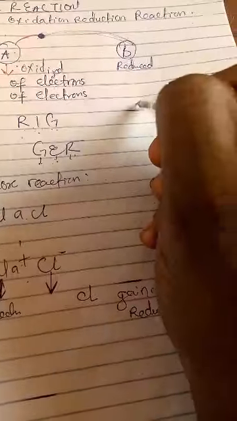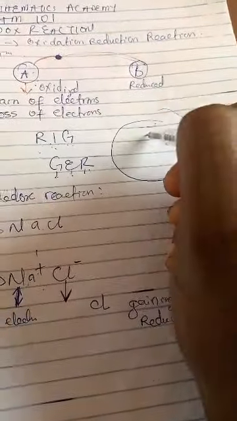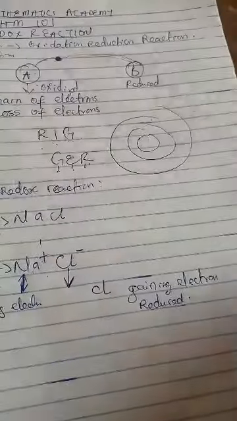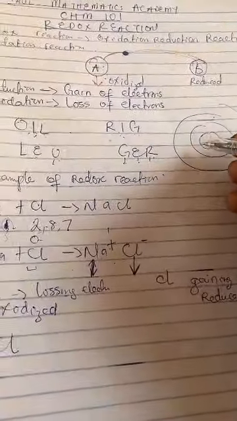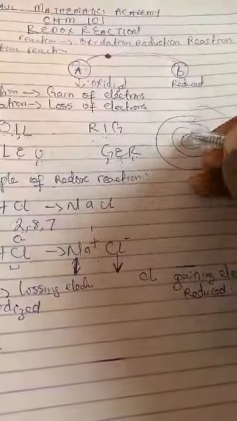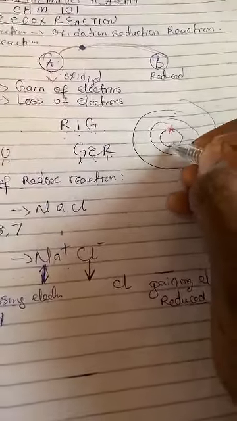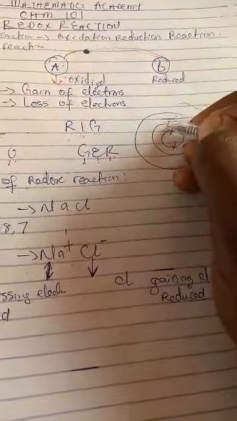This is for chlorine. You have 3 shells for chlorine. So the first shell has how many electrons? That is 2 electrons. The second shell has 8 electrons.